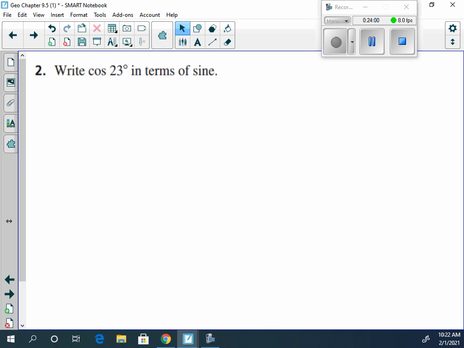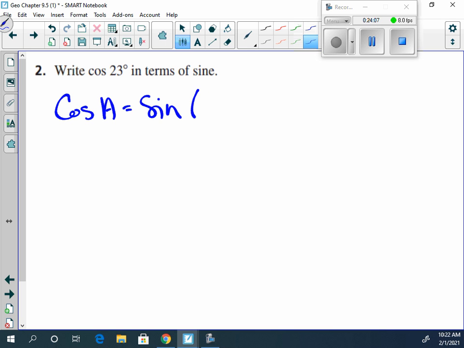Write cosine of 23 in terms of sine. Well, cosine of A is equal to sine of 90 minus A. What did they give us? They gave us cosine of 23.